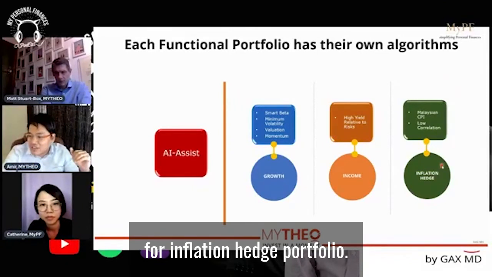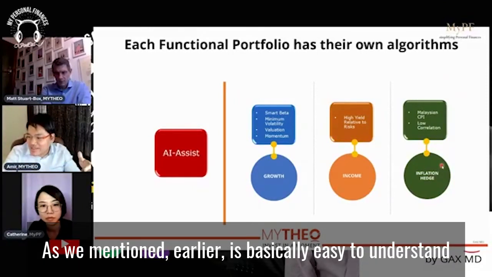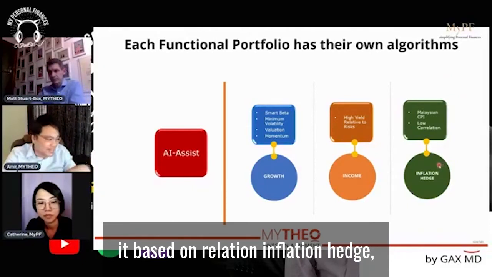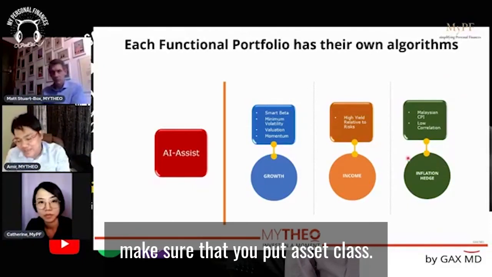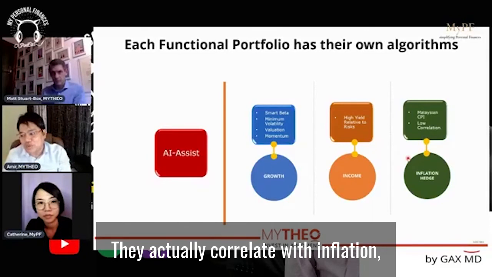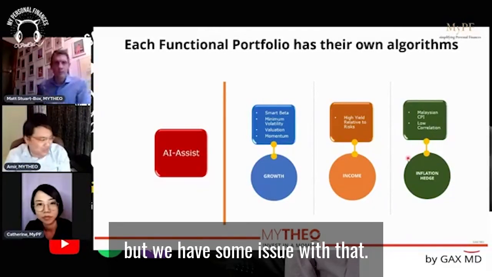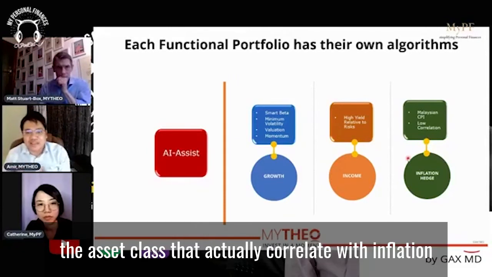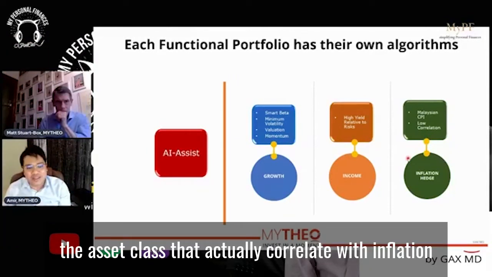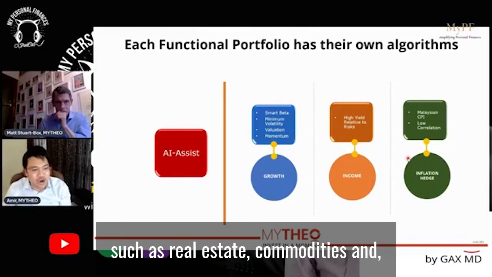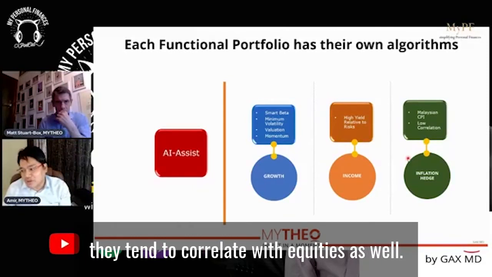The inflation hedge portfolio, as we mentioned earlier, is easy to understand. It is based on the Malaysian inflation rate. We make sure that we put in asset classes that correlate with Malaysian inflation. But we have some issue with that. Typically, the asset classes that correlate with inflation, such as real estate and commodities, tend to correlate with equities as well.